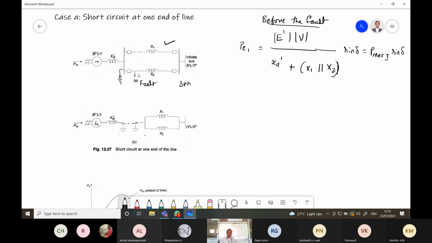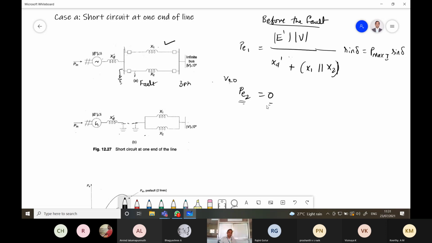The current flowing through the second line, that is P2, will become 0. Whenever the short circuit occurs, the voltage will become 0. If voltage is equal to 0, the product of voltage into current, so the power transferred in the second case, is 0 whenever a short circuit occurs. Before the fault we have the previous equation. P2 will become 0 during the fault period.